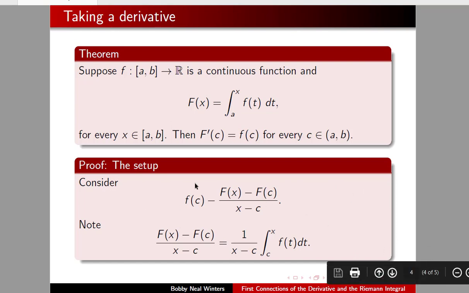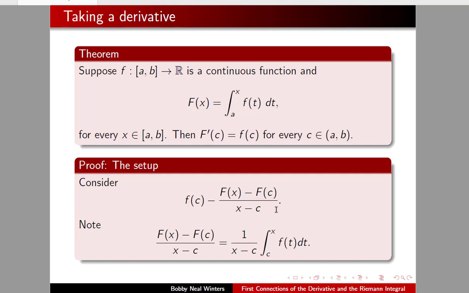To prove this, consider (F(x) minus F(c)) over (x minus c) minus f(c). What we're going to do is show that this difference quotient and f(c) can be made arbitrarily close as x approaches c.